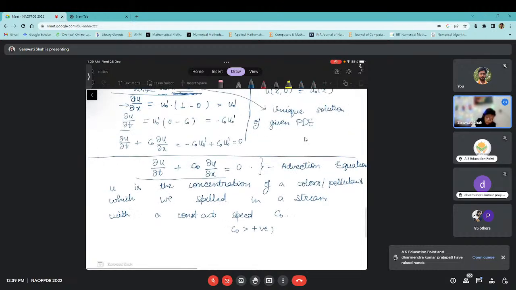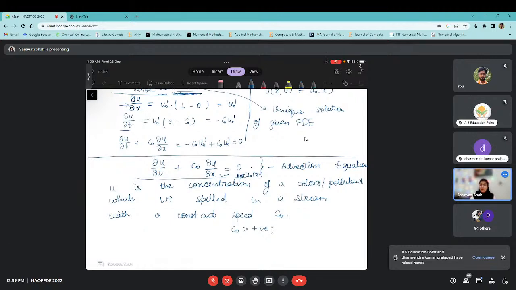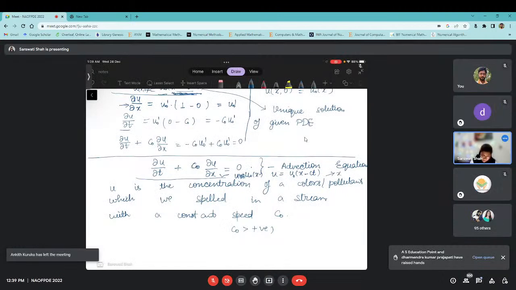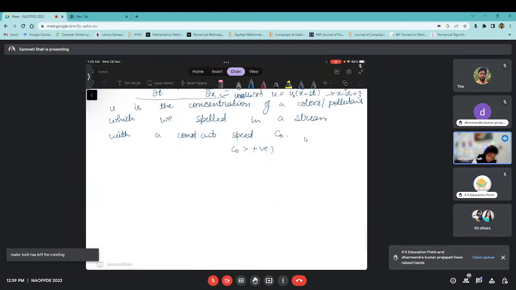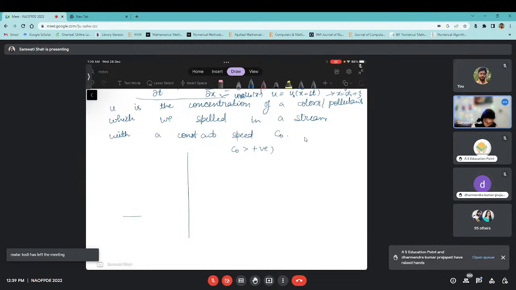What we see is that this solution with the initial condition u(x, 0) equals u naught of x propagates with a constant speed, and u is also constant along the characteristic x equals c naught t plus xi. So we will see its geometrical representation, what is happening.